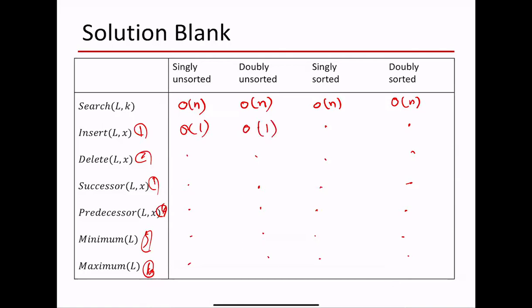The singly sorted is O(N), because we have to go through the dictionary and find the position to insert. So it takes O(N). And the doubly sorted is the same, O(N).